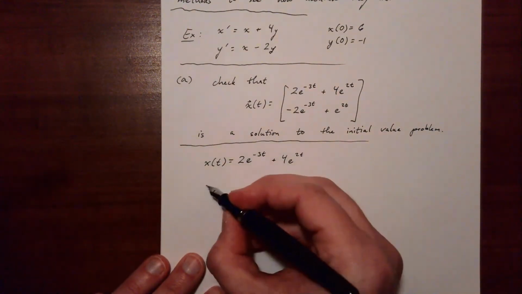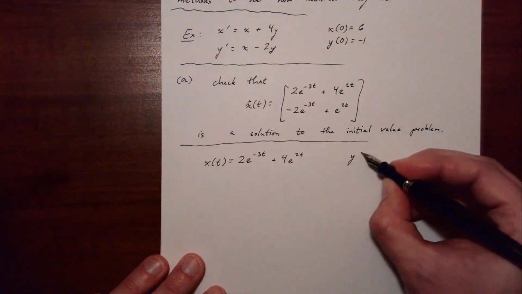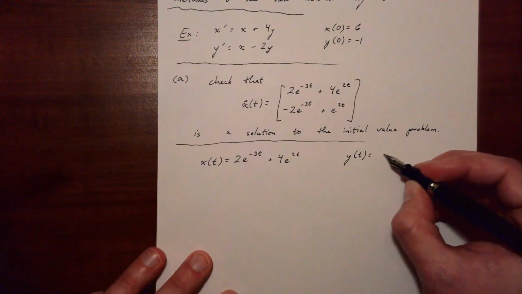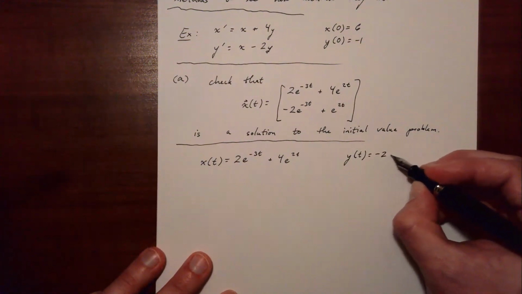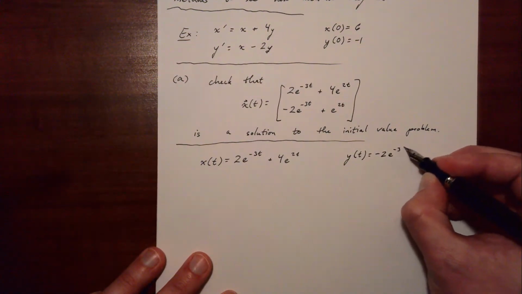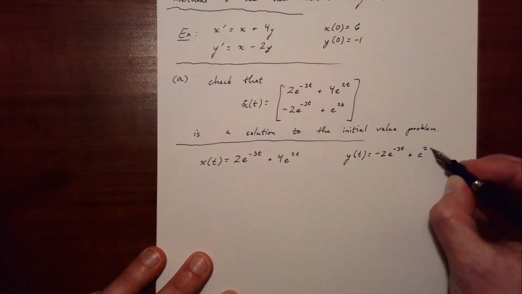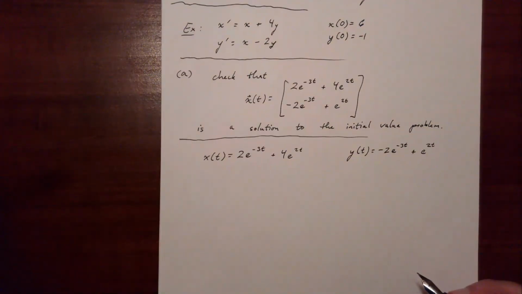And then y of t is equal to negative 2e to the negative 3t plus e to the 2t. So to check this as a solution to the initial value problem means to check two things: that it fits the differential equations, and that it fits the initial conditions.